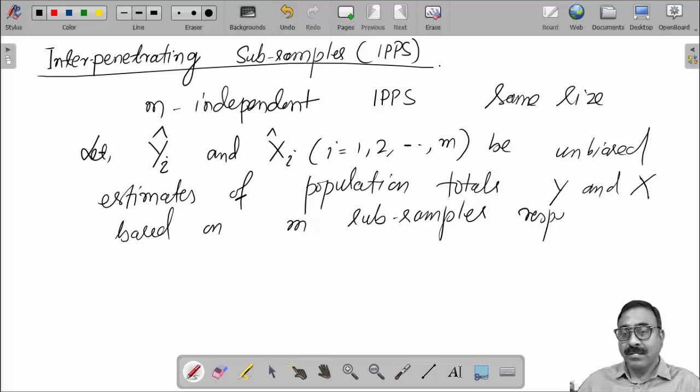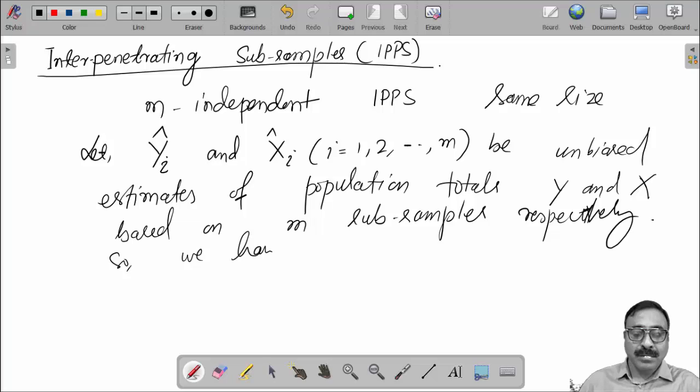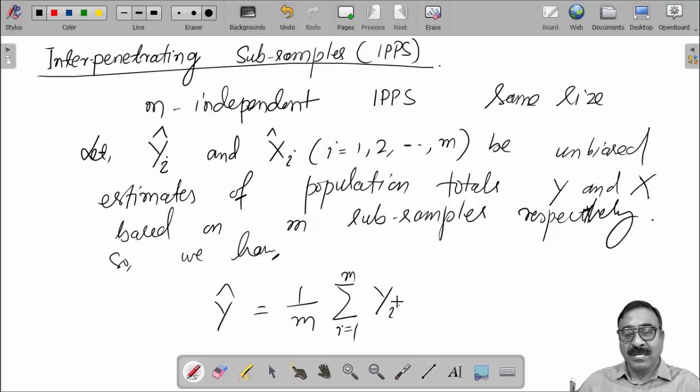So we have y cap equal to y hat equal to 1 by m summation i equal to 1 to m yi cap, and x cap equal to 1 by m summation i equal to 1 to m xi cap.